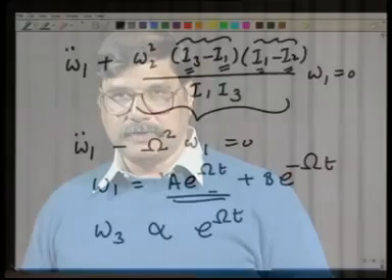I will leave this as an exercise. Therefore, if I give it a spin about axis number 2, which is the intermediate moment of inertia axis, omega 1 and omega 3 would grow, and you will see that the body after some time does not really rotate about only one axis, but it will rotate about all three axes.